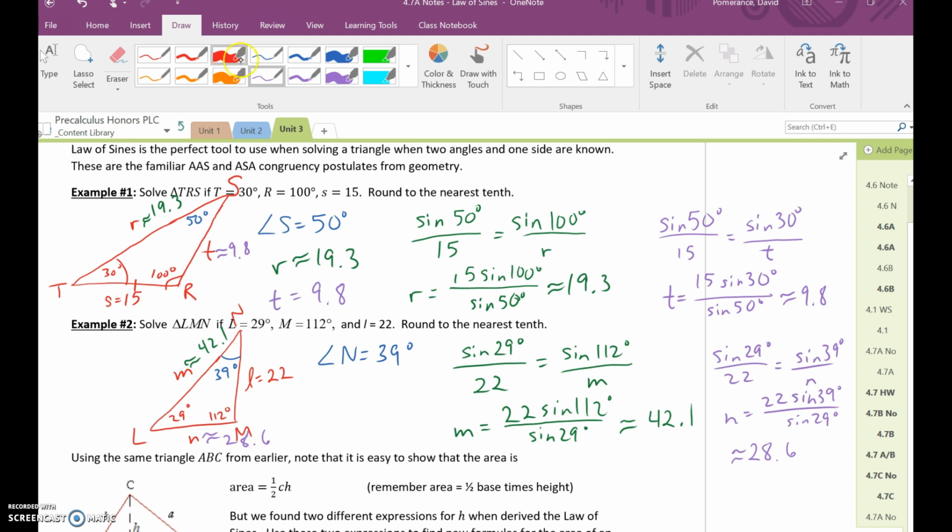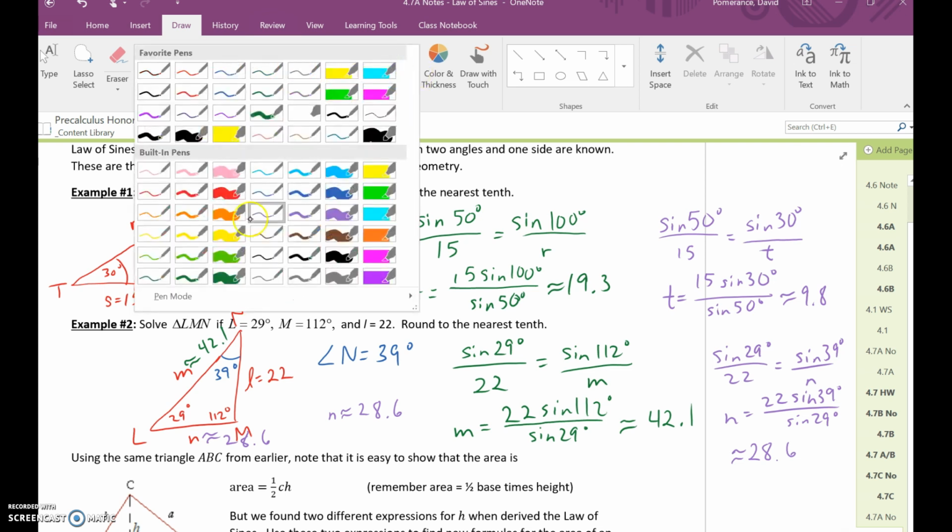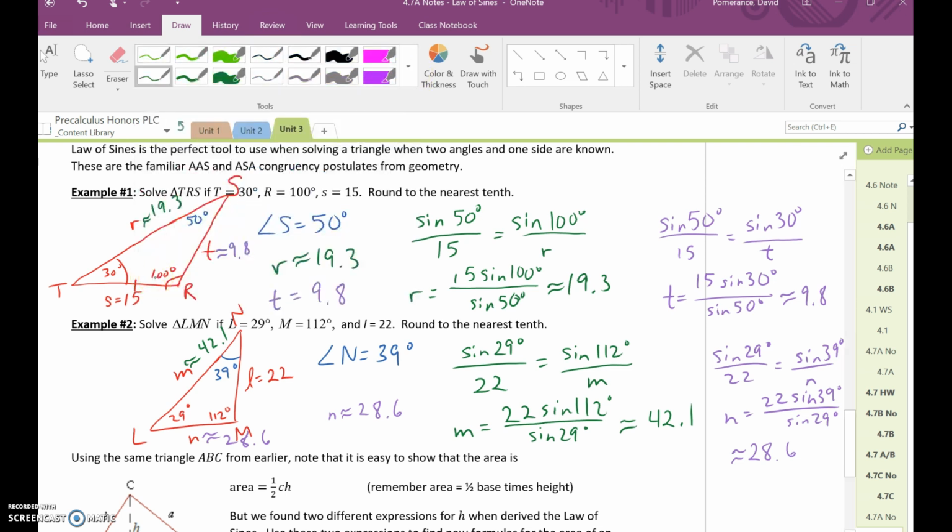So our final answers would be n equals approximately 28.6. And we really should get in the habit of writing out our answers in a nice, neat way so that everyone can read them. So m is approximately equal to 42.1. So for each one of these, we've got ourselves an answer of the newly known parts of the triangles.